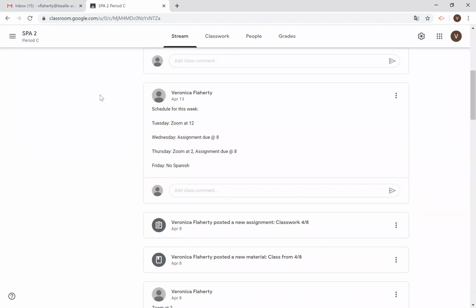Since we don't have an assignment today, what you could do is work on anything that needs to be corrected, or if you have questions, you can email me and ask them. But that assignment will go live for you later today. It's going to be a Google form based on the indirect object pronouns. And the next time that we meet is on Thursday. You guys are welcome to email me anytime in between if you have any questions.